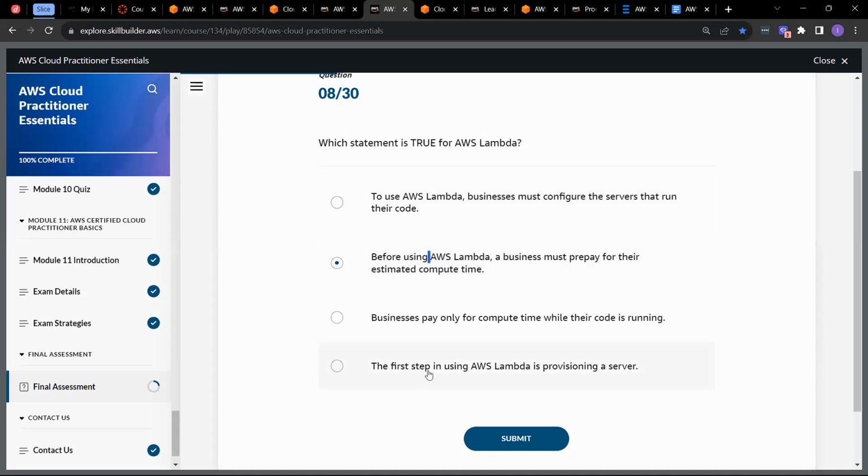We are eliminating the wrong answers. The first step in using AWS Lambda is provisioning a server. This one is the same as the first answer. So this leaves just this one. And we understand that for AWS Lambda, you only pay for the compute time, the time that your code runs.